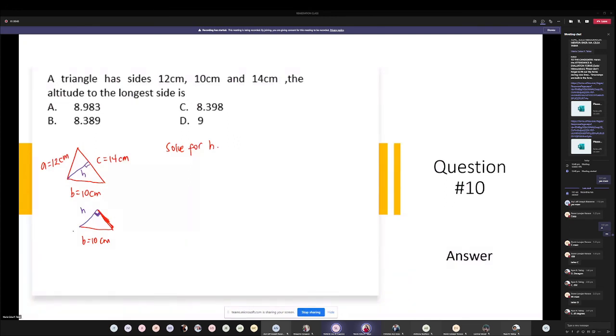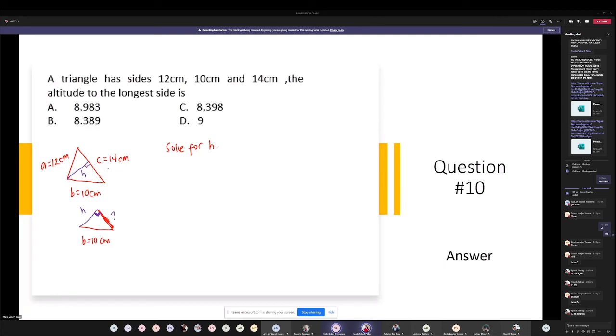From trigonometry, we can solve for a side if we have one side and at least one angle. We can use the Pythagorean theorem if two sides are given, but we don't know the length of this side. We just know that it's less than 14, obviously, but not equal to 7.